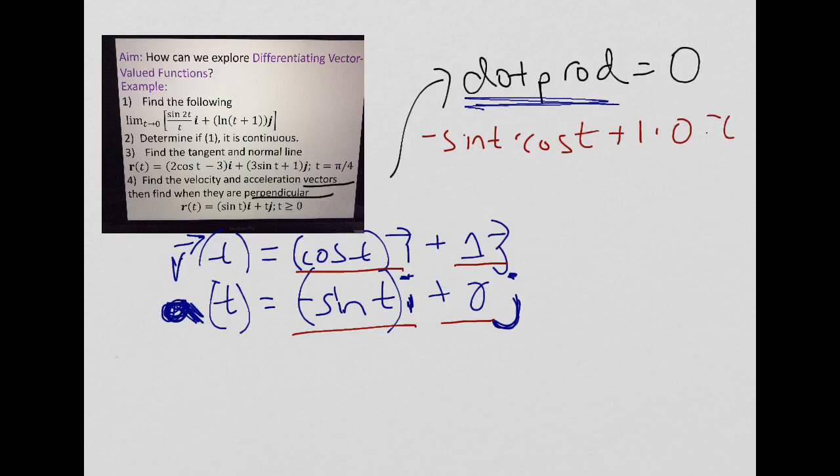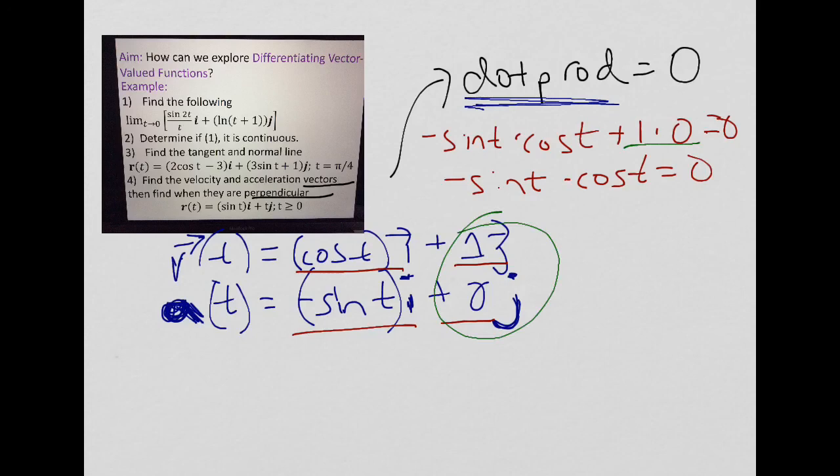Now if you take a look at this, it's the negative sine of t times the cosine of t that equals 0, because you're just adding 0 here. So it's not like we just threw these out the window. It does work out to be just the negative sine of t times the cosine of t. So now if you take a look at this expression, when would they equal 0?